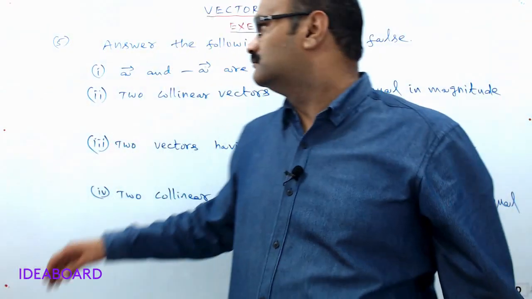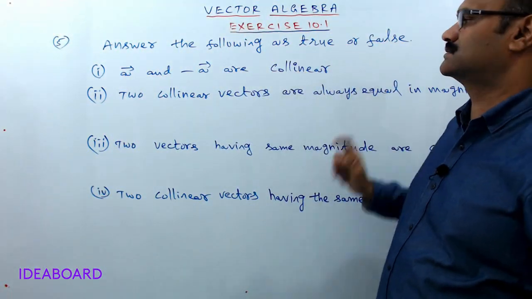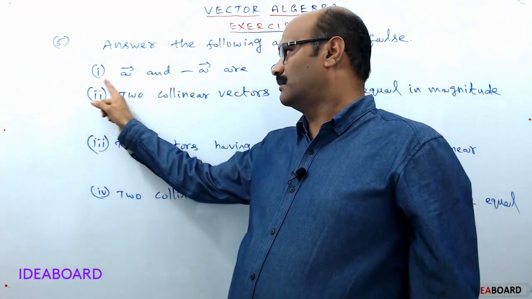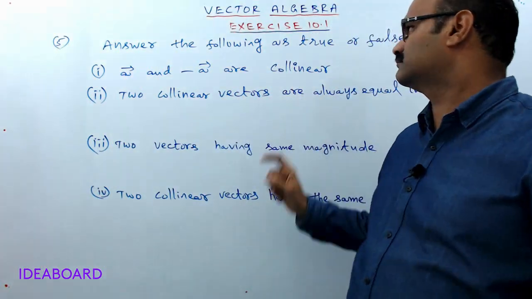Fifth problem, answer the following as true or false. First problem: vector A and minus vector A are collinear.